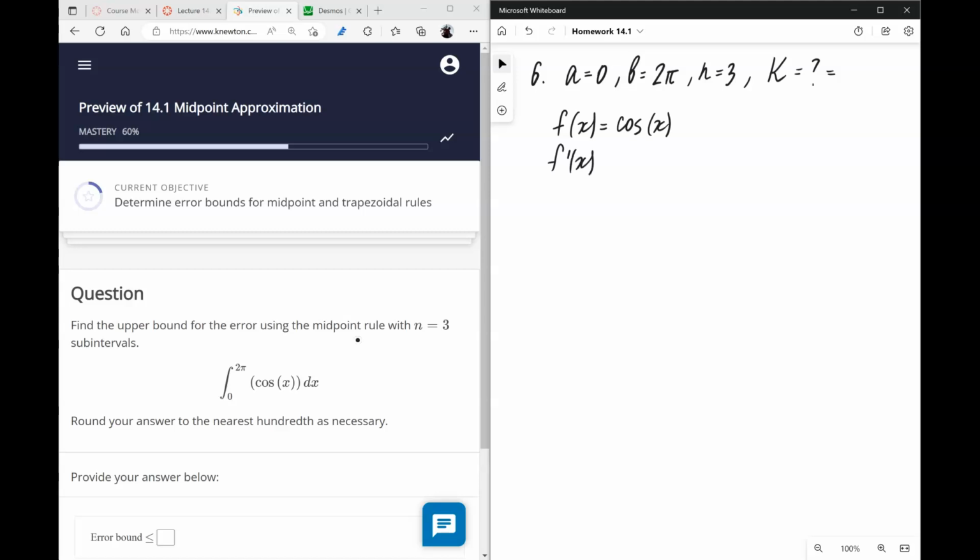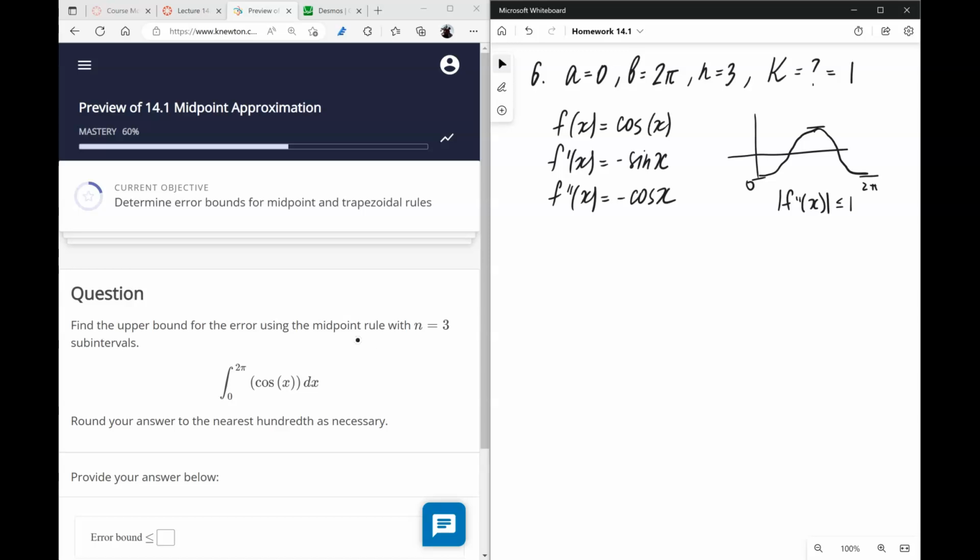So the first derivative is negative sine of x, and the second derivative is negative cosine of x. Negative cosine of x on the interval from 0 to 2 pi takes the largest value 1 and the smallest value negative 1, meaning the bound for the absolute value of the second derivative is 1.